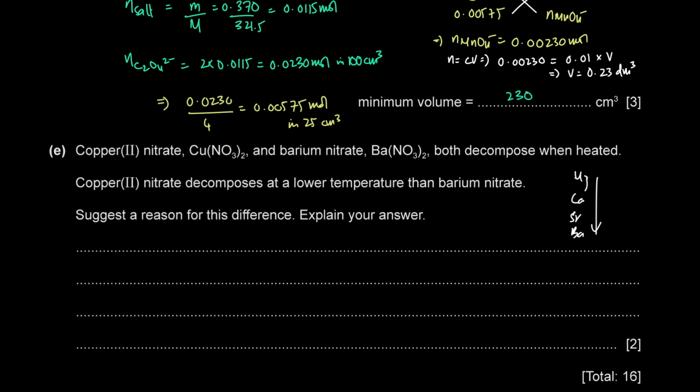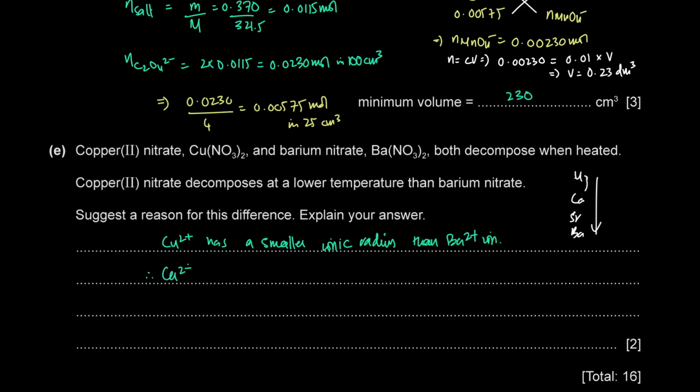So if they're saying copper 2 nitrate decomposes at a lower temperature than barium nitrate, it means that copper 2 nitrate is less thermally stable, or barium nitrate is more thermally stable, which means that the copper 2 plus ion has a smaller ionic radius than the barium 2 plus ion.